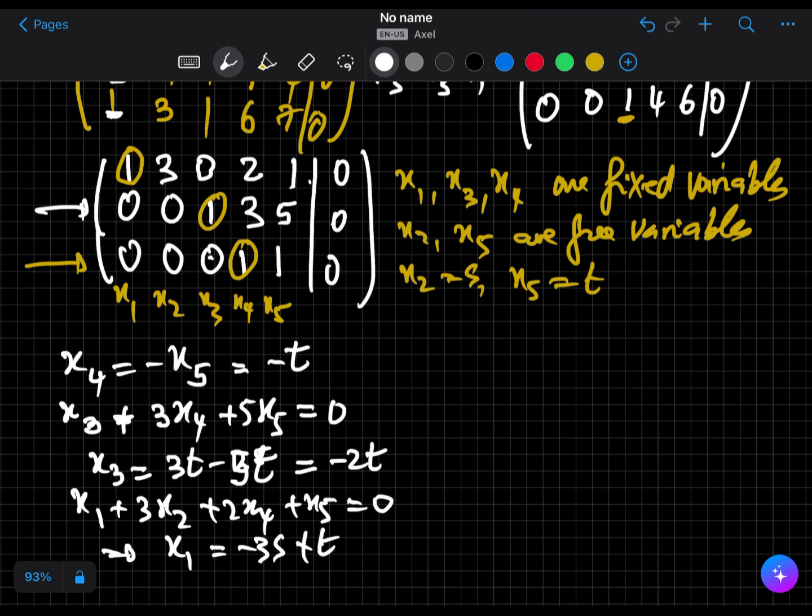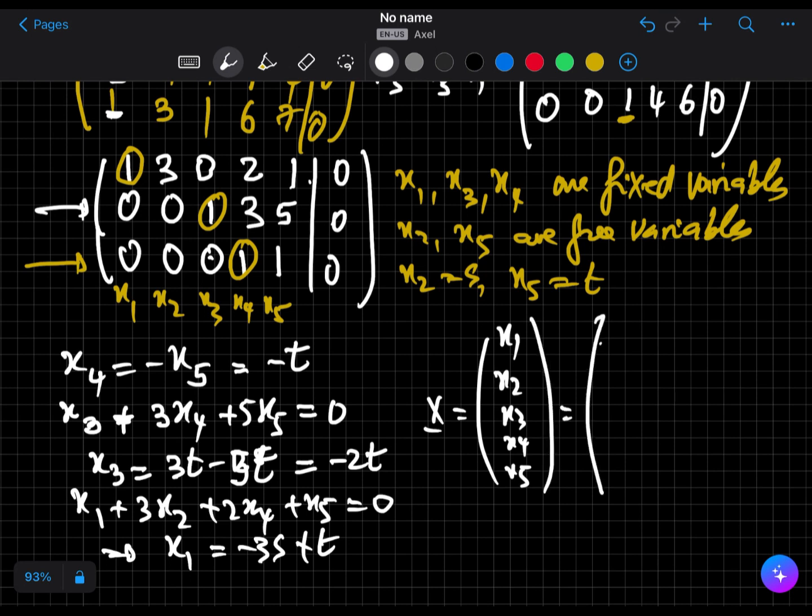Now, having done that, I can write my vector x1, x2, x3, x4, x5 as follows. x1 is minus 3s plus t, x2 is s, x3 is minus 2t, x4 is minus t, and x5 is t.